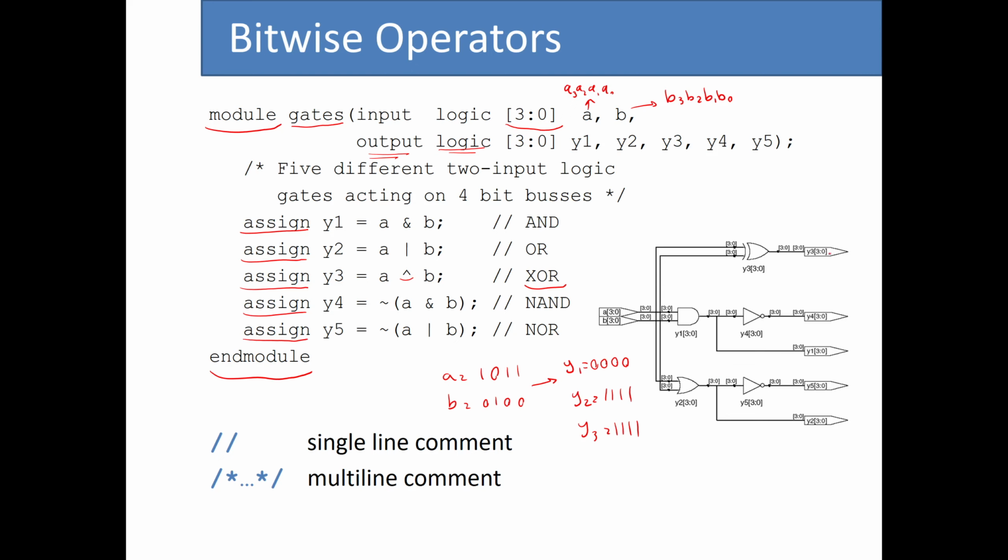So as you can see, y3 was XOR, so we have A and B connected to the 2 inputs of this XOR gate, and this creates y3. y1 was AND, so we have it here as the result of y1. y4 was NAND, so we have this additional NAND gate that creates y4. y1 is mentioned here as one of the outputs, and then we have y2 as OR here and y5 as NOR.